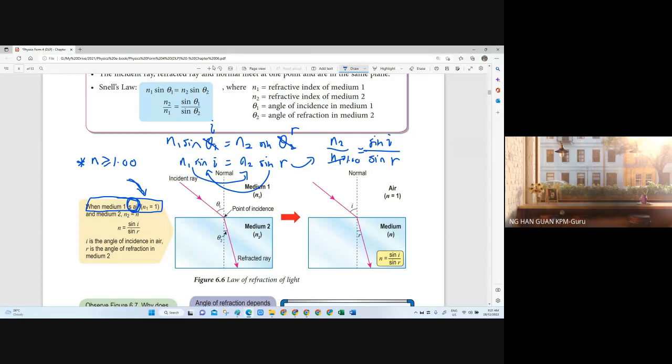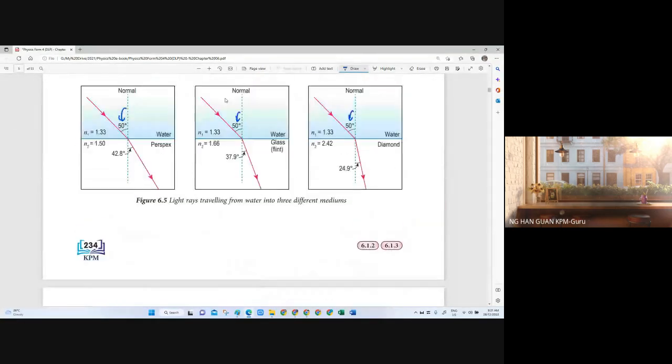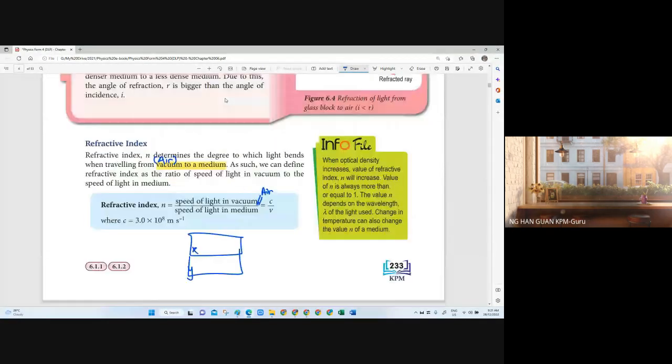Therefore, any value divided by 1 is the value itself. So we can simplify the equation: the refractive index of any particular medium equals sin i over sin r, where i is the angle from air or vacuum, which is the same as the beginning given here.